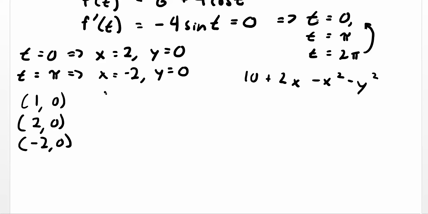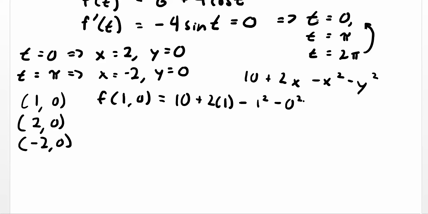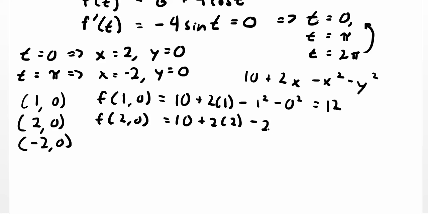Okay. F of (1, 0) is 10 plus 2 times 1 minus 1 squared minus 0 squared, which is 12. F of (2, 0) is 10 plus 2 times 2 minus 2 squared minus 0 squared, which is equal to 10 plus 4, 14, minus 4, which is 10.